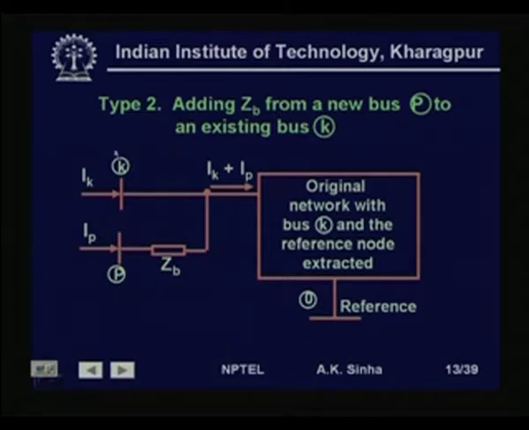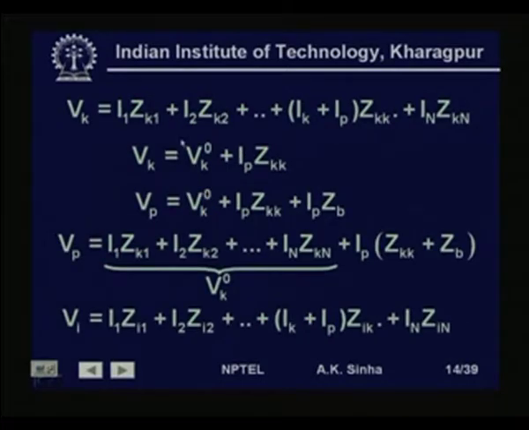The voltage will be whatever is the voltage now at bus K plus Zb into Ip, because Zb into Ip is the drop from Vp to Vk. So, we can write Vp is equal to Vk0 plus Ip Zkk, that is, we can write this whole term as Vk plus Ip into Zb.